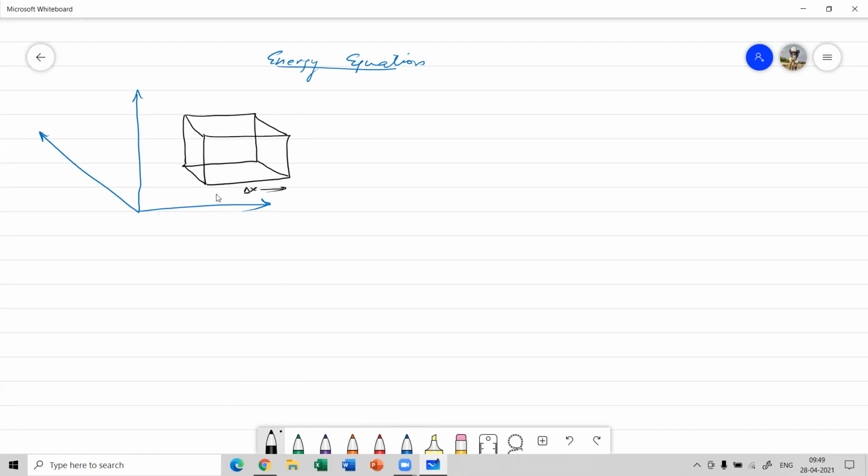This is delta x. Obviously, this is x, this is y, and this is z. So delta x, this is delta y, and this one is, let's say, delta z. So in this small element of volume delta x, delta y, and delta z, we're going to apply the equation of conservation of energy.